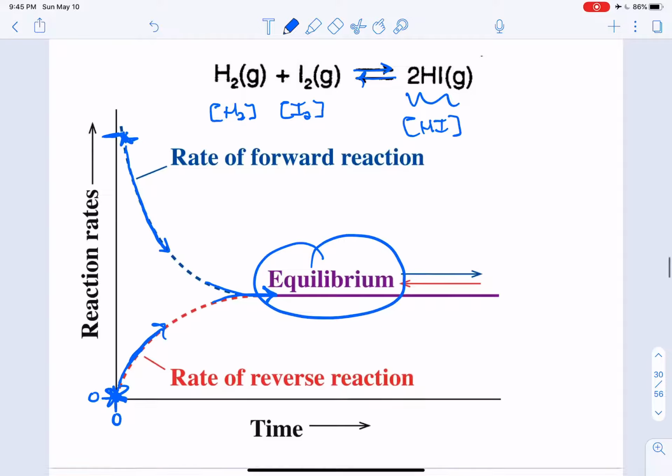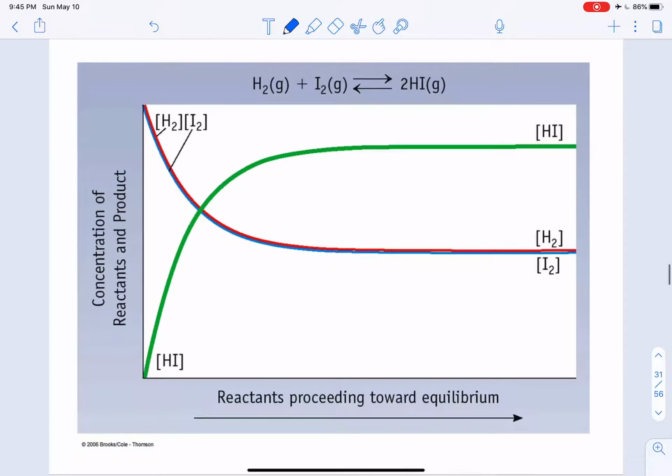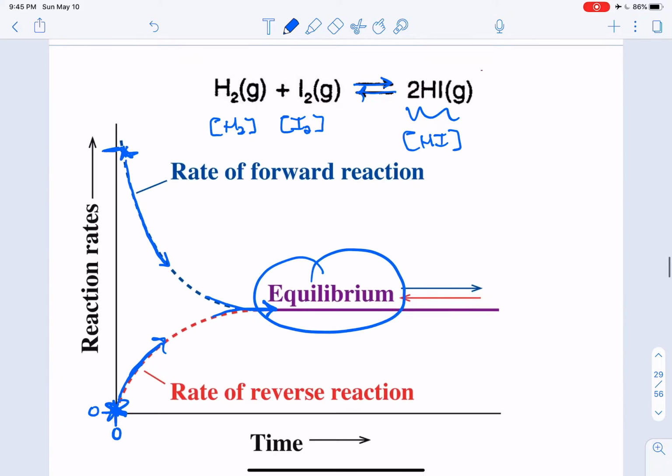And on the next slide, we have a different graph, and it looks extremely similar to the graph we just looked at, but instead of having our rate on our y-axis, we have concentration. So back here, we were looking at how the rate of the forward reaction decreases as the reaction progresses, and the rate of the reverse reaction increases until they reach an equal rate.